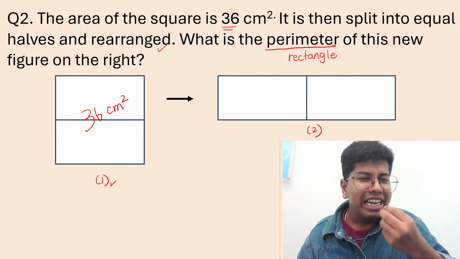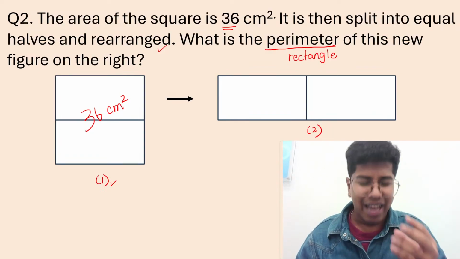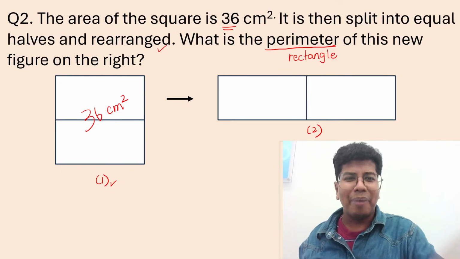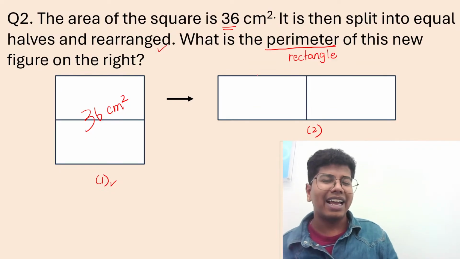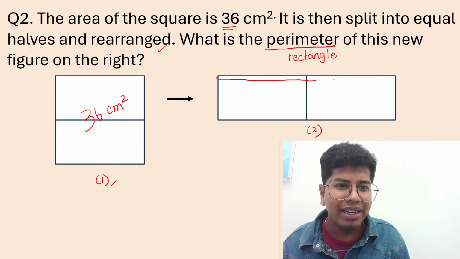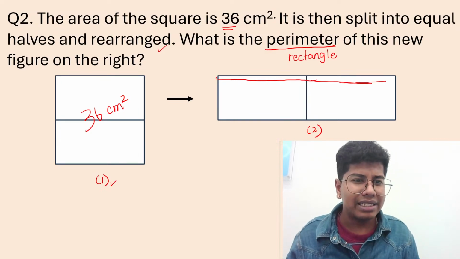Finding out perimeter means finding out what? The outer boundaries. So, in order to find out the perimeter of this rectangle, what are the things that we need? We have to find out this part. Then we have to find out this total length that is here. Then we have to find out this vertical line.